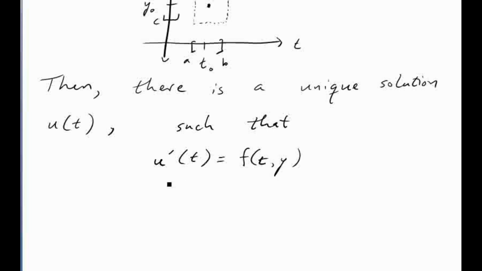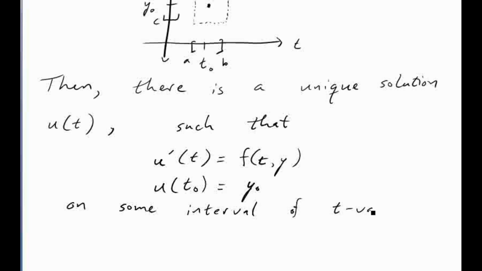So in other words, it satisfies the differential equation, and u of t naught is equal to y naught on some interval of t values.